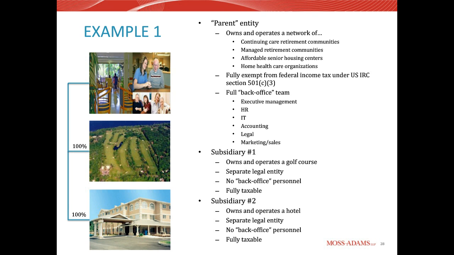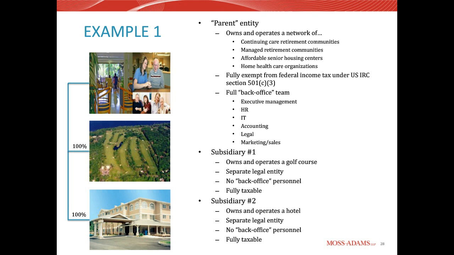Now, over time, this exempt entity realizes it has some unused land surrounding one of its retirement communities, and it wants to take advantage of that land. So it sets up a subsidiary, and that subsidiary owns and operates a golf course that it builds. Also, one of the buildings that the parent organization built for use as a retirement home didn't sell very well, so they decided to repurpose it into a hotel where the families of the people resident in their retirement communities could come and stay during visits.